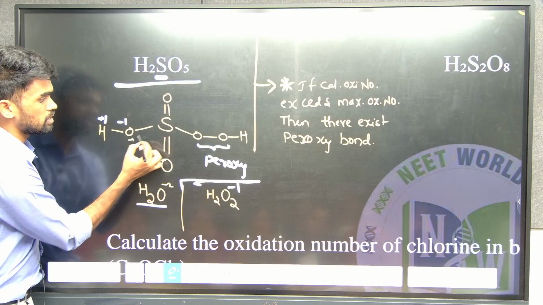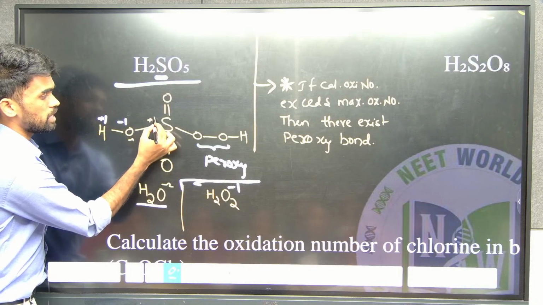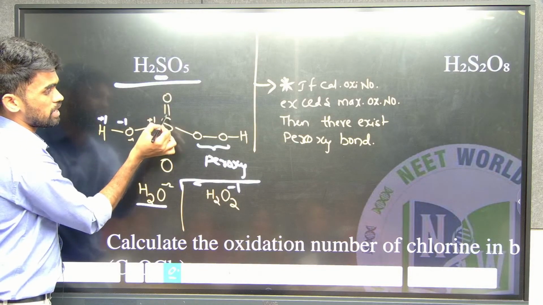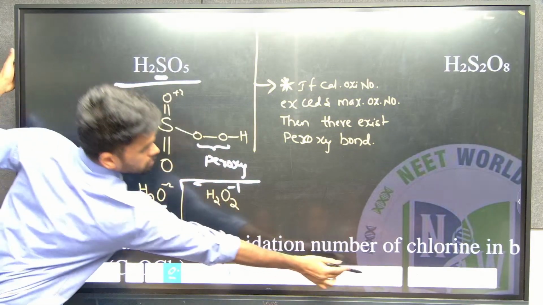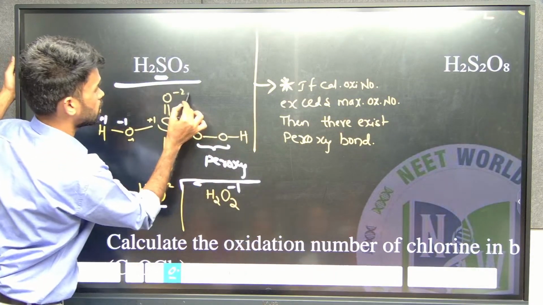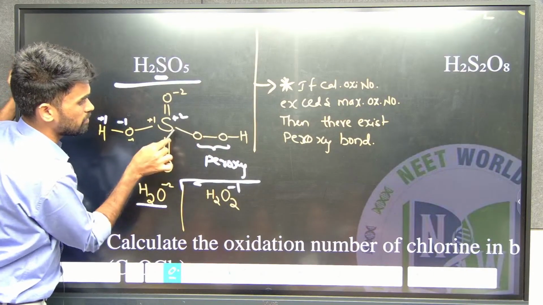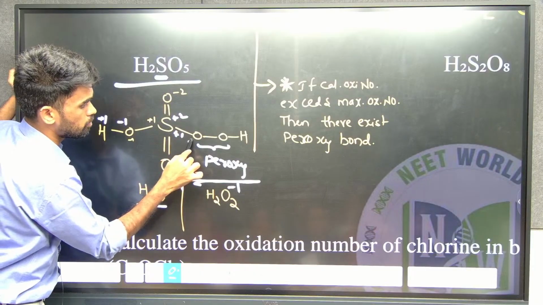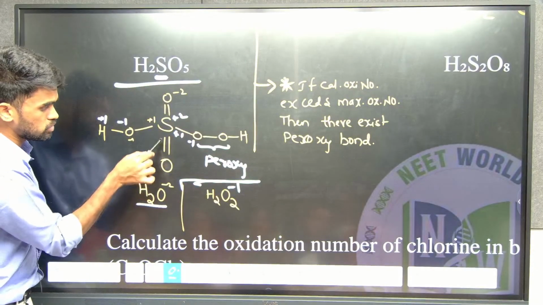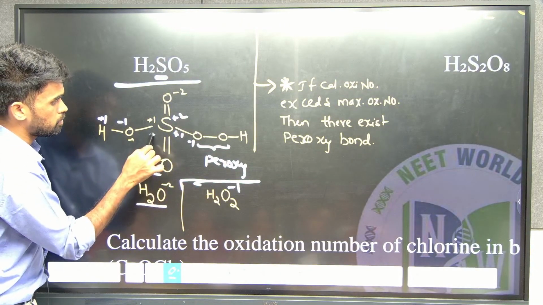Oxygen -1, sulfur +1. Between oxygen and oxygen again? So 2 bonds means -2 here and +2 here. Similarly with respect to this bond, +1 for sulfur, -1 for oxygen. Between these 2 bonds, -2 here, +2 here.